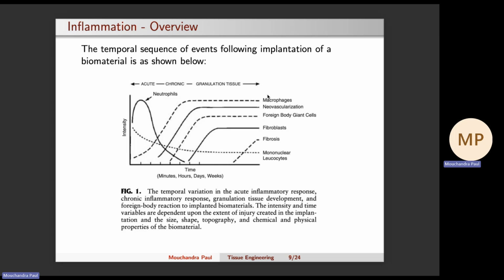Lastly, after granulation tissue has formed, the foreign body reaction is happening at the biomaterial interface. Our body will try to contain it, because these giant cells secrete various hydrolytic enzymes, which are not good for the neighboring normal cells as well. It can kill them. So our body tries to wall it off, and then fibrosis will happen. We will come to fibrosis again.